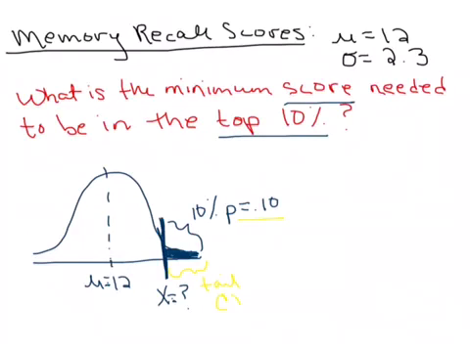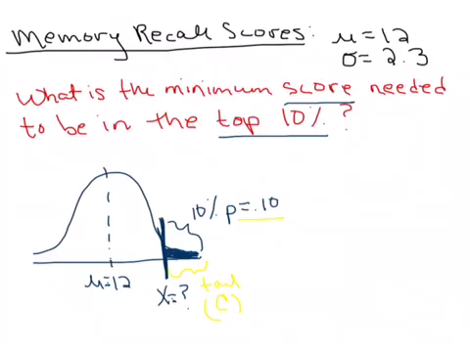You're going to look up 0.10. Get the closest that you possibly can to 0.10. Now be very careful of your decimals. It's 0.10, not 0.01. So you have to be real careful.